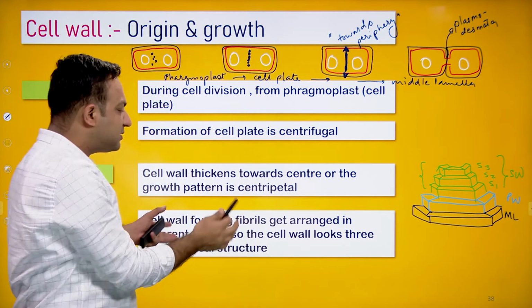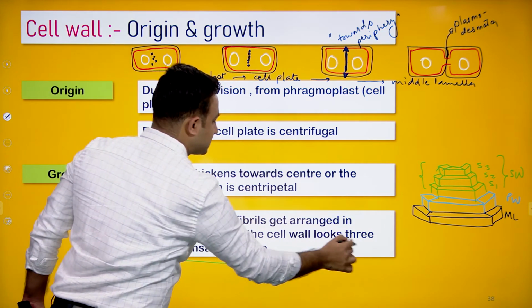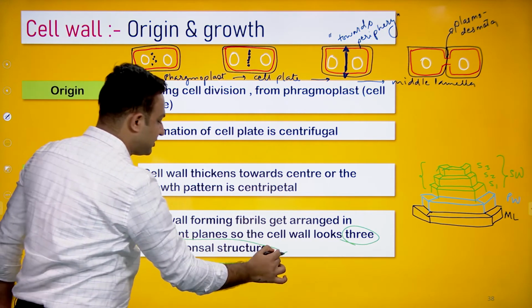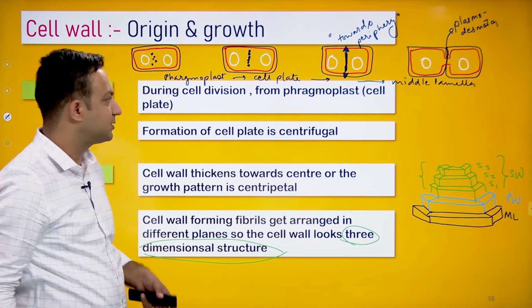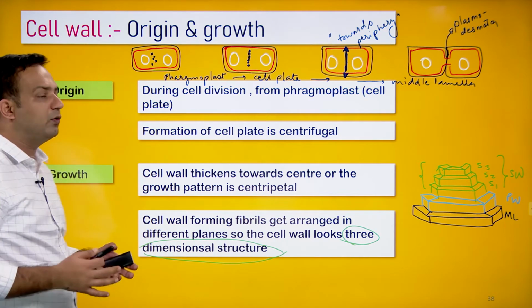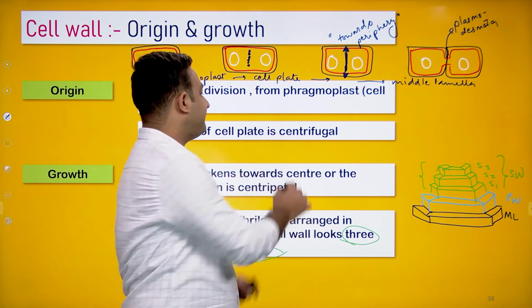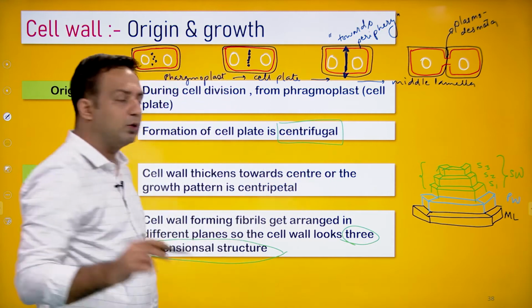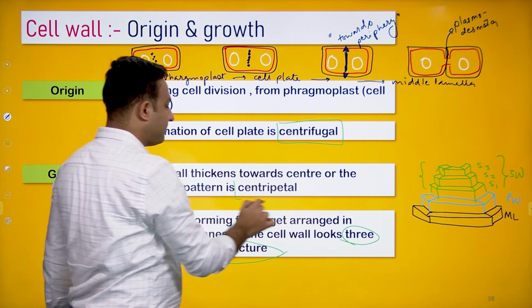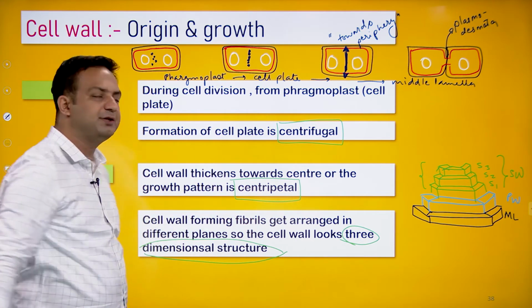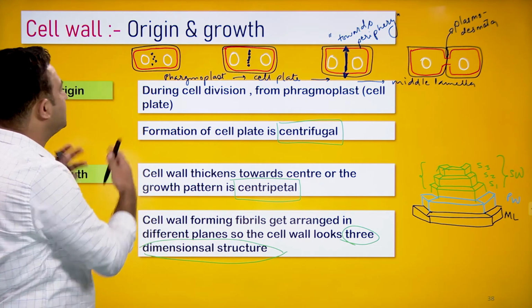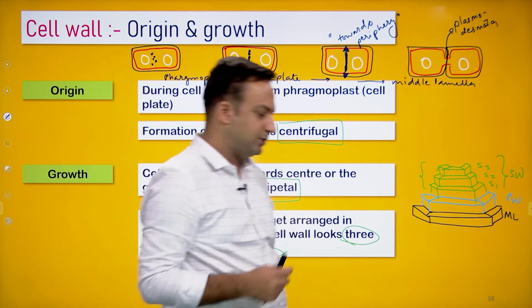So this gives the 3D ambience. So that's why we say origin is centrifugal and growth of the cell wall is centripetal. One is centrifugal, the other is centripetal, right? This is how we can mention origin and growth.